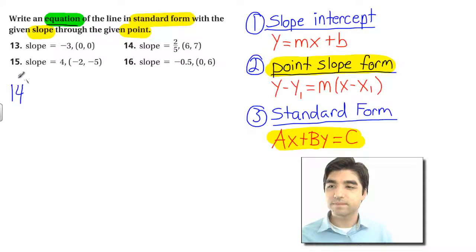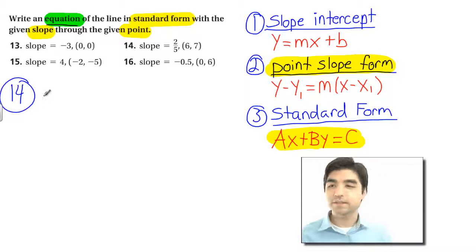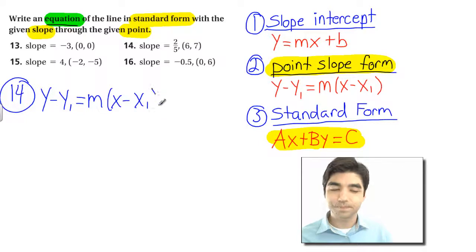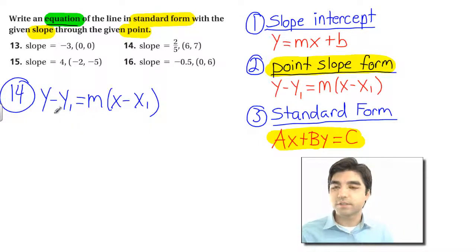So 14, they give us again another slope and a point here. So I'm going to write my general equation here. y minus y1 equals m times x minus x1. Okay, so we're going to put our slope in here, and we're going to put our points.